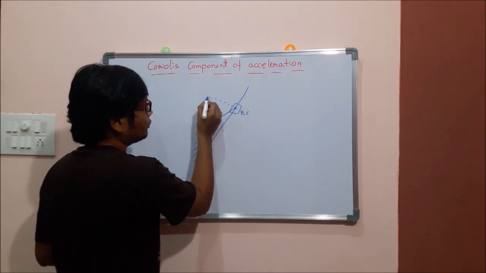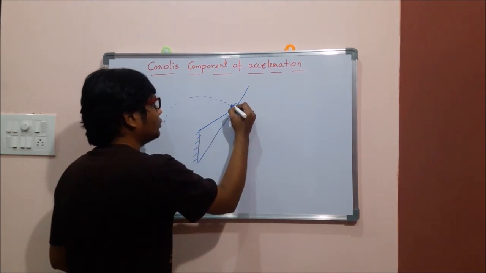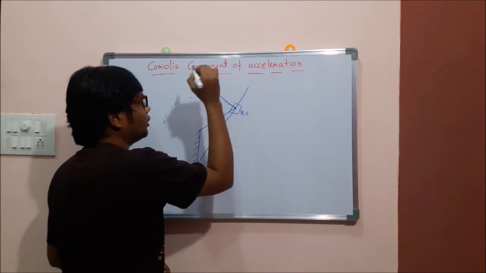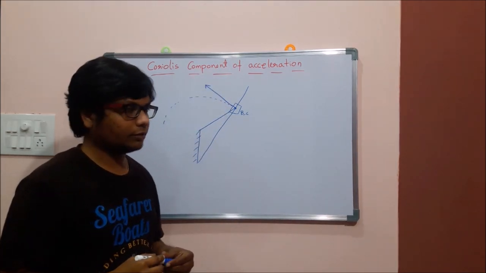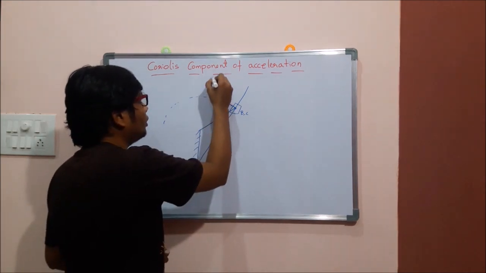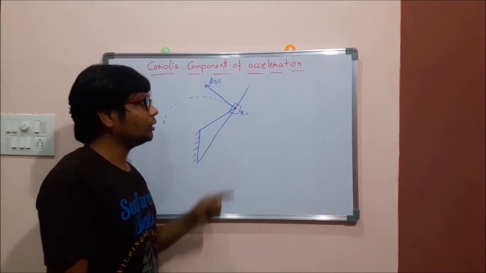Whenever you consider rotation of the crank, it makes a circle. So to this circle, the direction of the Coriolis component is tangential to the path that point B is following. Okay, so this will be the a^t_BC. The direction should be tangential.